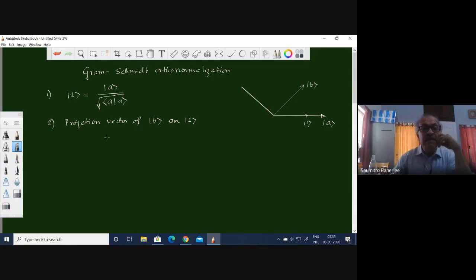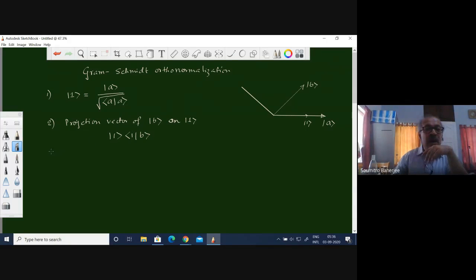That is simply, I have to do it this way: |e1⟩⟨e1|B⟩. This is the projection operator operating on B, which gives the magnitude of the projection times the vector e1, which is the projection vector.